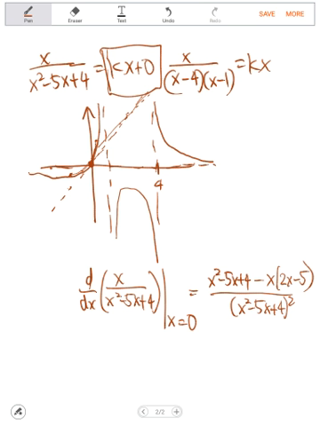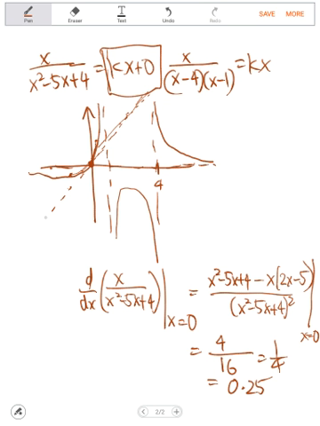So when I substitute x equals 0 inside, it becomes 4 over 16, which is 1/4, which gives us 0.25.